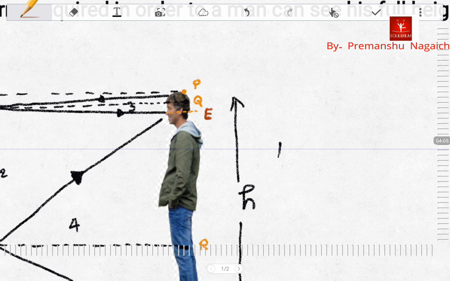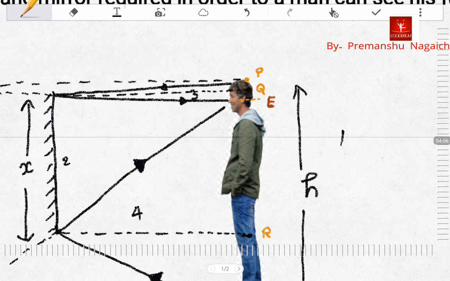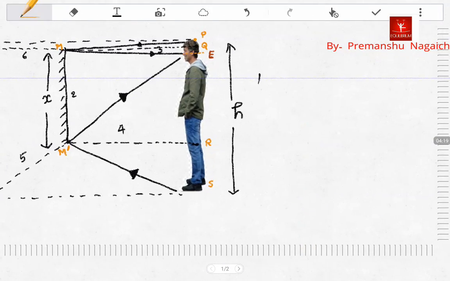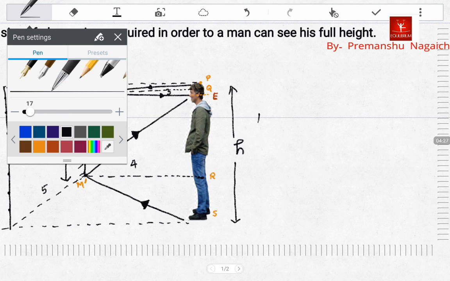Now we move to the mirror, and for the mirror let's give the names M and M dash. As simple as that. So we need to find out the value of x. Let's change the pen.